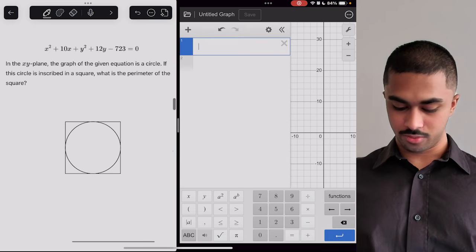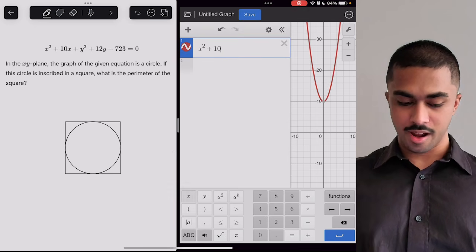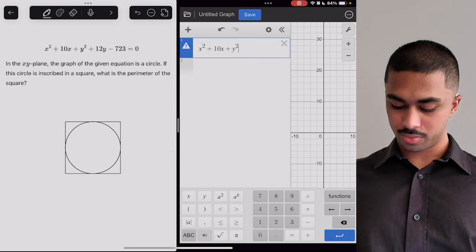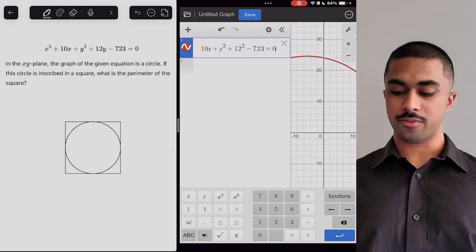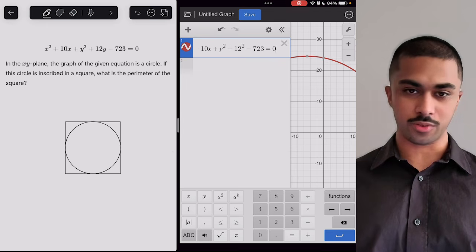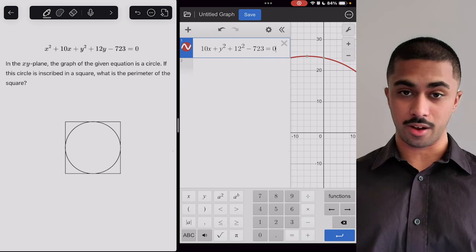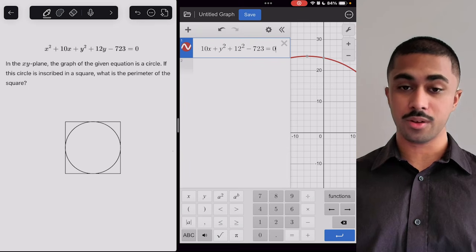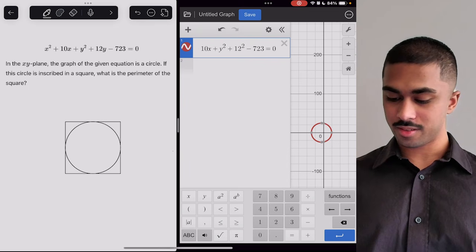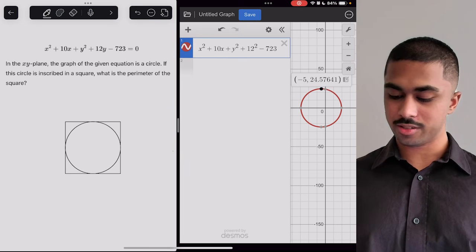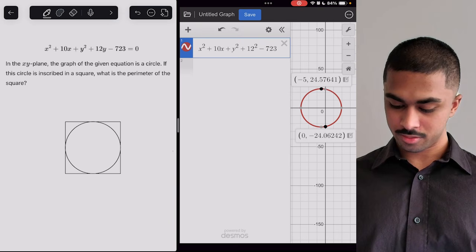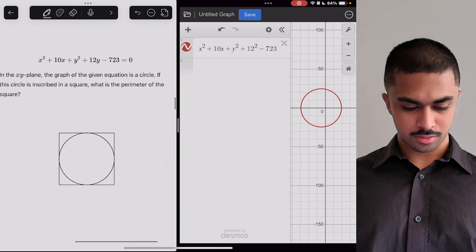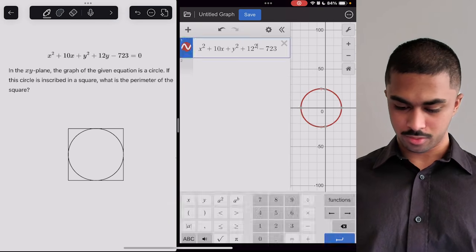Wow, that's beautiful. x squared plus 10x plus y squared plus 12y. The reason that we graph this after we draw it, because drawing is always first on these geometry questions, always draw it out, I'm serious, always, is because on Desmos, and I don't know why this is even allowed, what the heck?